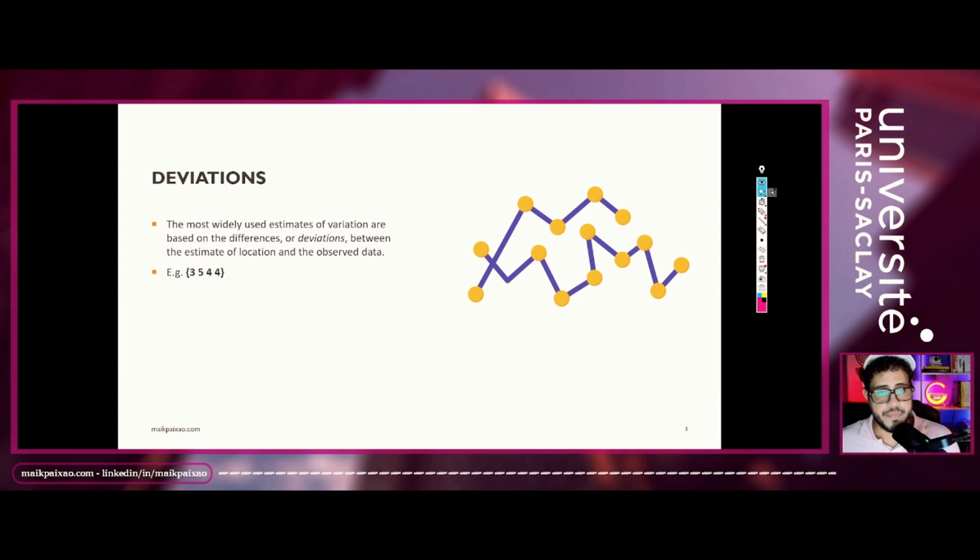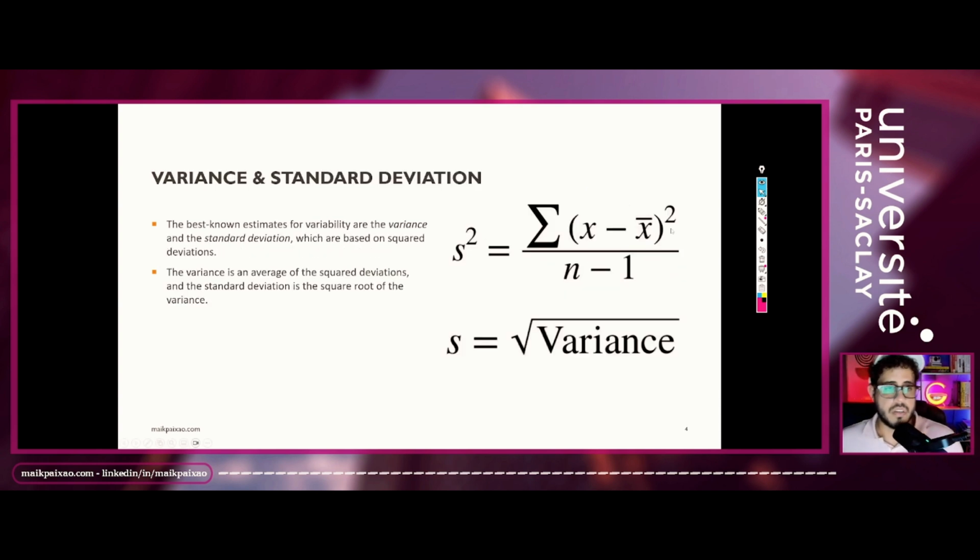Another option is to use the best well-known estimates for calculating variability, and those are the variance and the standard deviation, which are based on squared deviations. The variance is basically an average of the squared deviations, and the standard deviation is the square root of the variance.